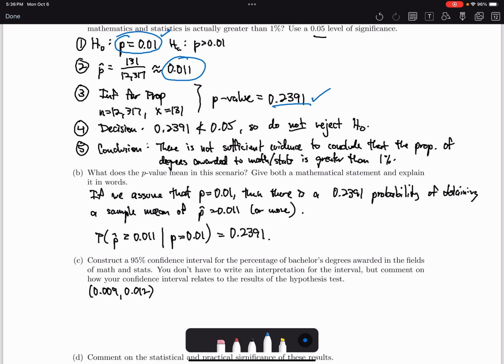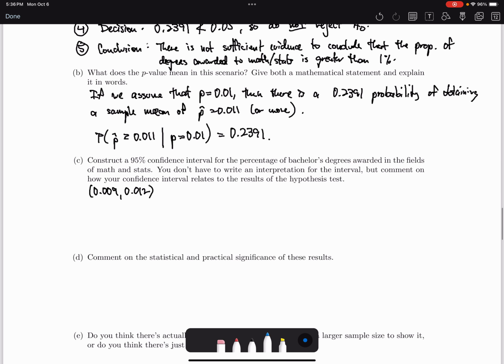Notice that our null hypothesis falls inside of that interval, and therefore there's no reason to suspect that the null hypothesis might be false. So we do not reject it. Okay, so once again, this confidence interval supports the results of the hypothesis test, right?